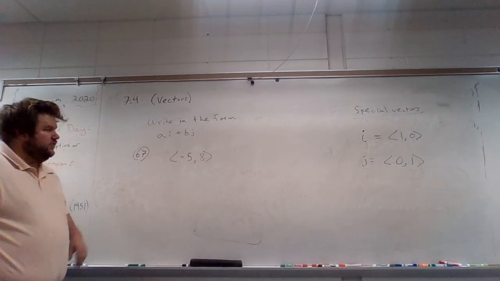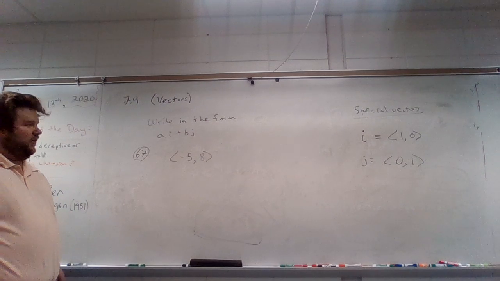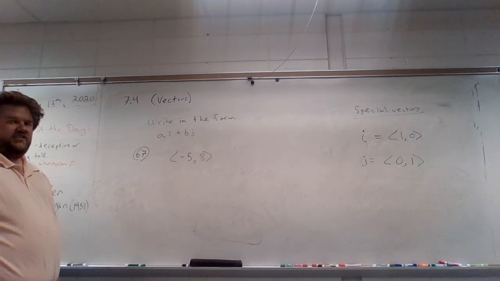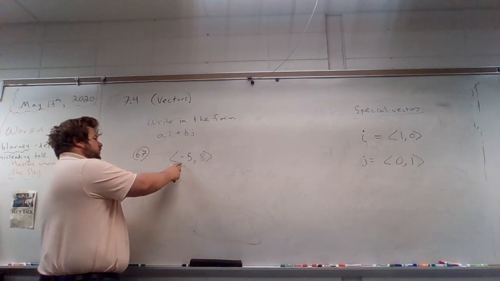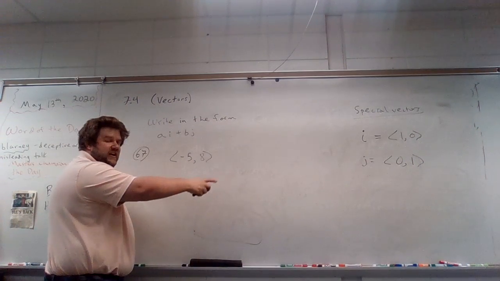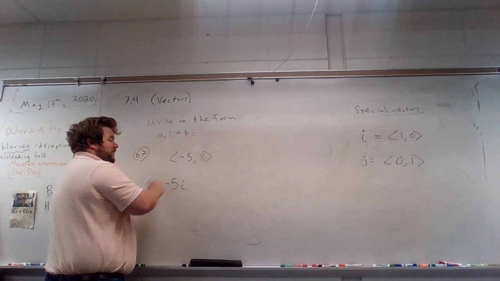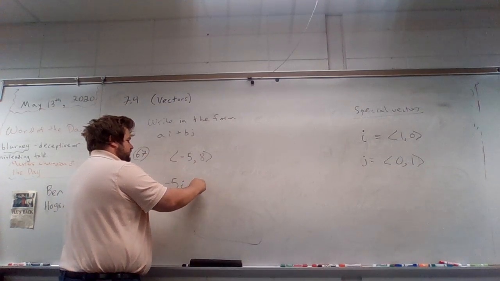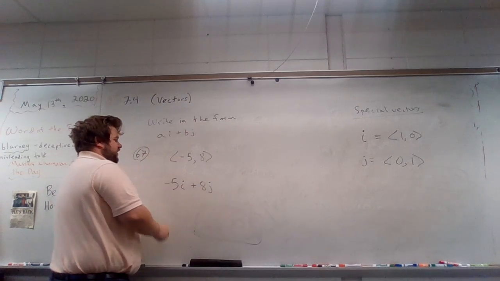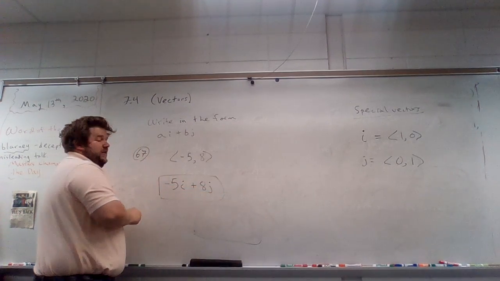So all we really do is I take note of this, and I'll kind of write down what it is, and then you can see that that is actually the same thing here. So I have -5 in the x direction, so it's -5i, and I have 8 in the j direction, the y direction, so plus 8j. That would be how I would write it in that form.